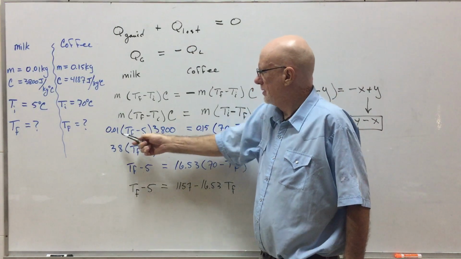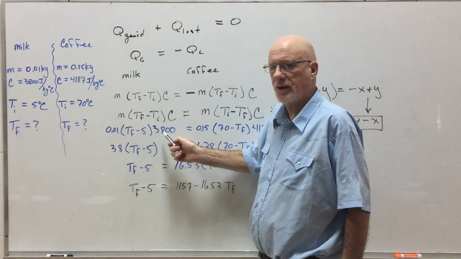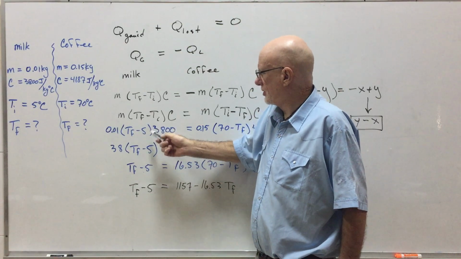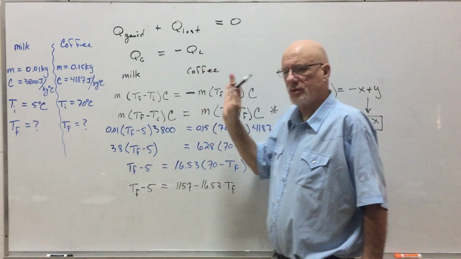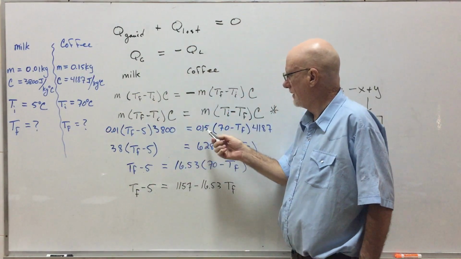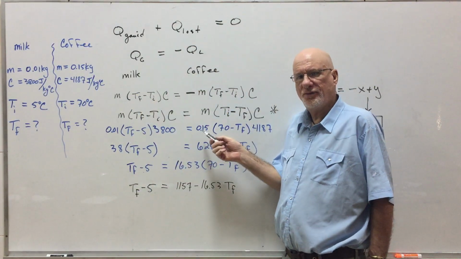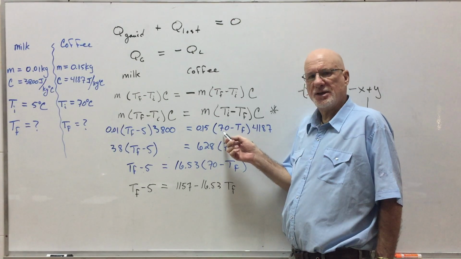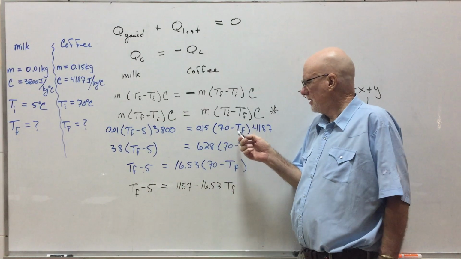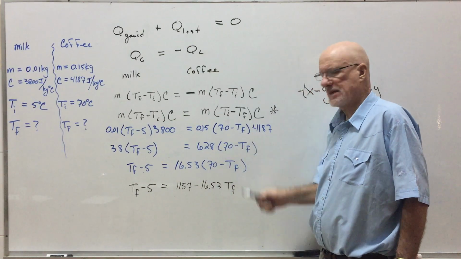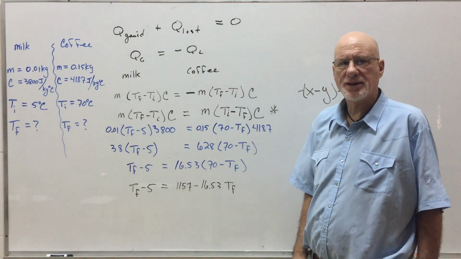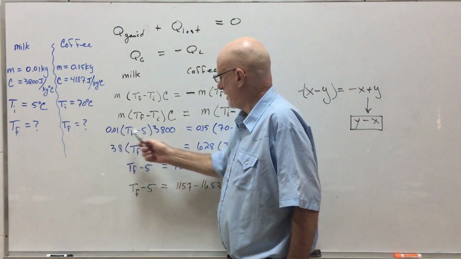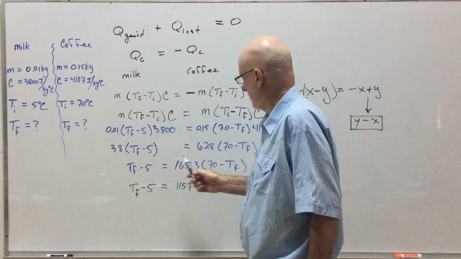So plug in 0.01 for the mass, 3,800 for the specific heat capacity, 5 degrees for the initial, and that's on the milk side. On the coffee side, it's 0.15 kilograms for the mass, 70 is the initial temperature of the coffee minus TF, and then 4187 is the specific heat capacity for the water. Okay, so this times this is going to be 38.